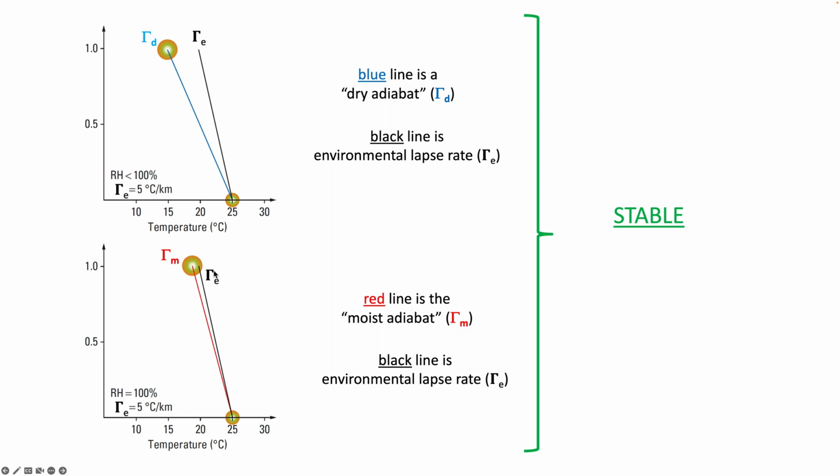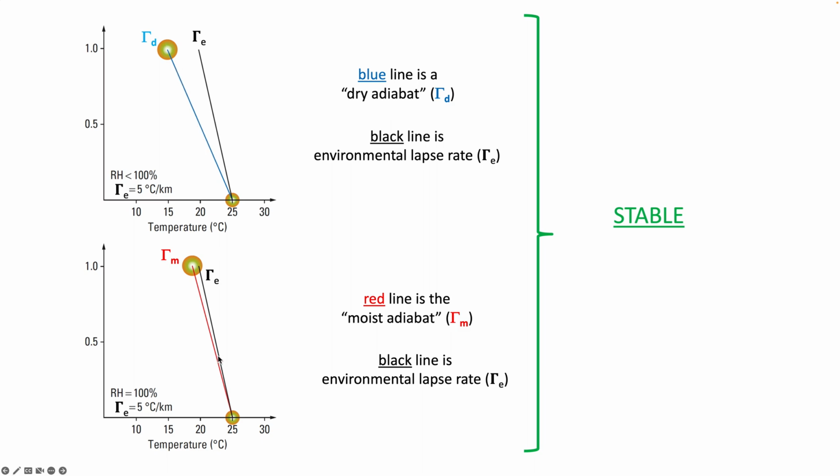Because of the latent heat that's released inside of rising moist parcels, if moist air after being lifted still ends up being colder than the environmental air and we have stability, then we can be certain that dry air that starts with the same surface conditions is going to be even colder and more stable.